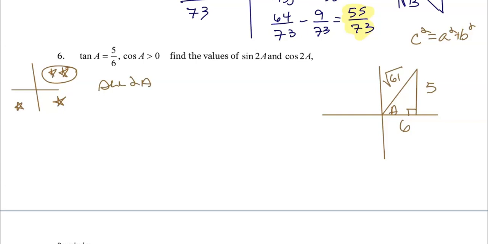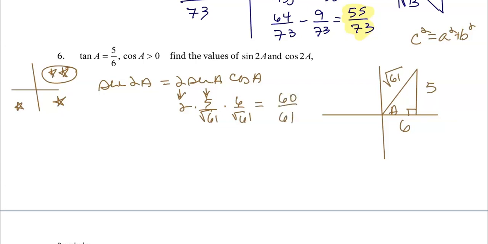Everything's positive because I'm in that first quadrant. Sine A is going to end up being 5 over radical 61. Cosine A is 6 over radical 61. Multiply those three terms together, and you get 60 over 61.